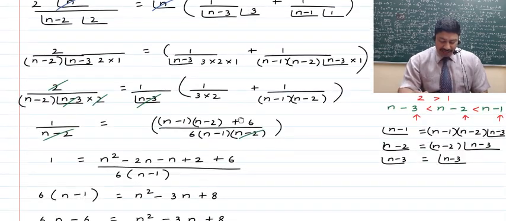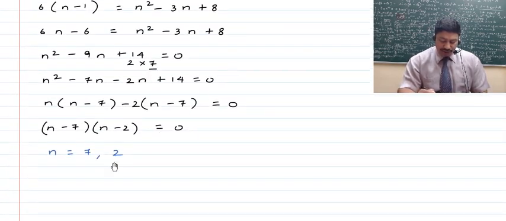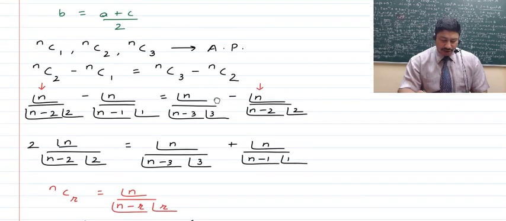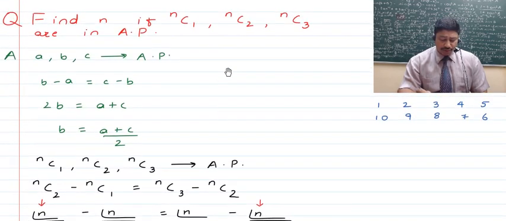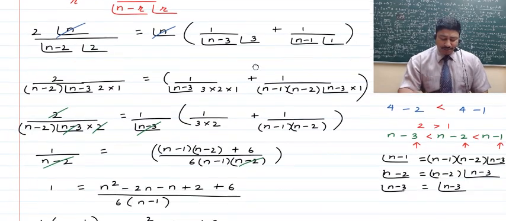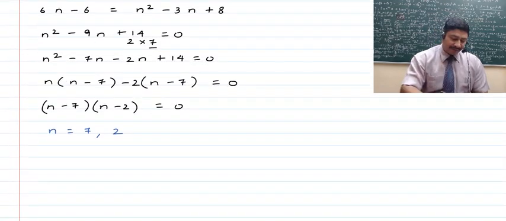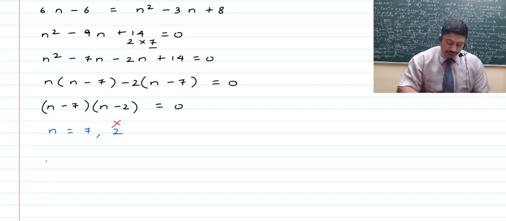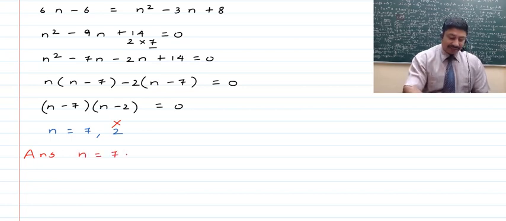However, if we talk about the value of n to be equal to 2, let's quickly check whether that's possible or not. So when we keep the value of n to be 2, we will have 2C1, 2C2, which is perfectly possible. But 2C3 is not going to be possible because the value of n cannot be lesser than the value of r, right? So as such, the value which can be accepted can only be 7, and thus the value 2 is not possible, and the answer comes to be n equal to 7, which is what we had to find out.